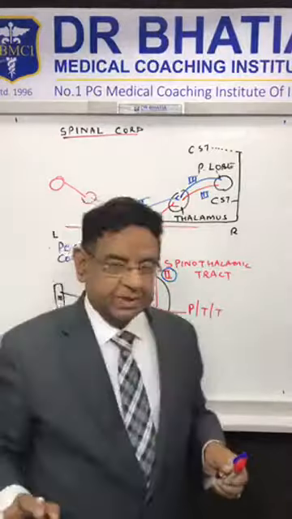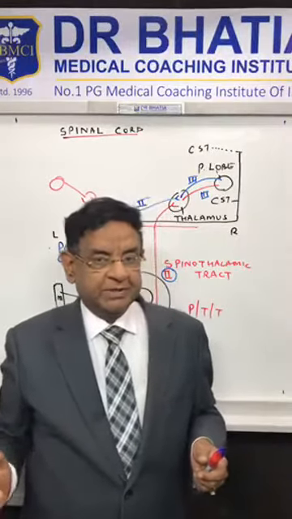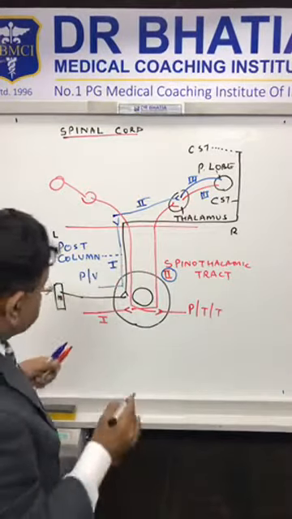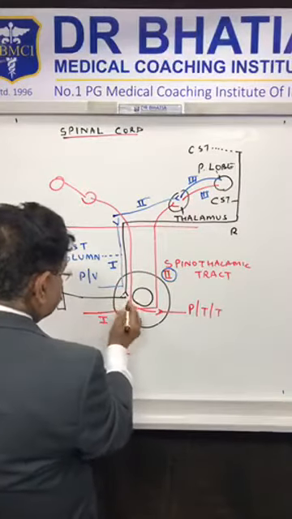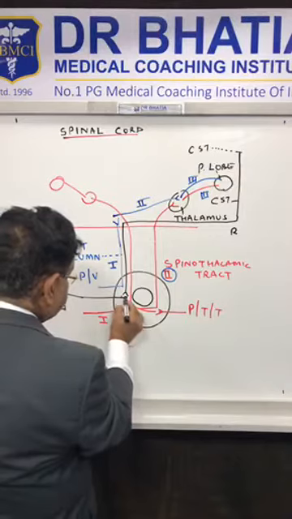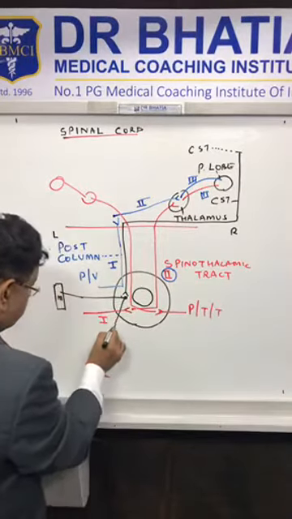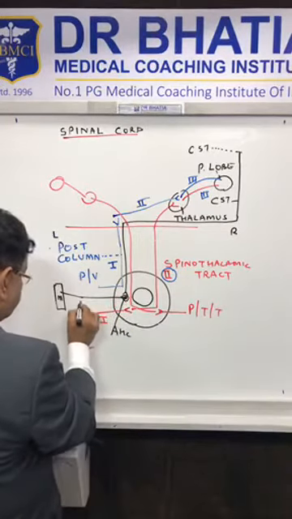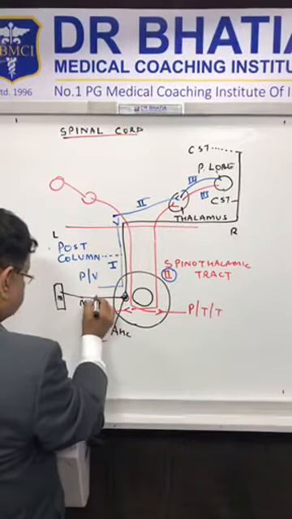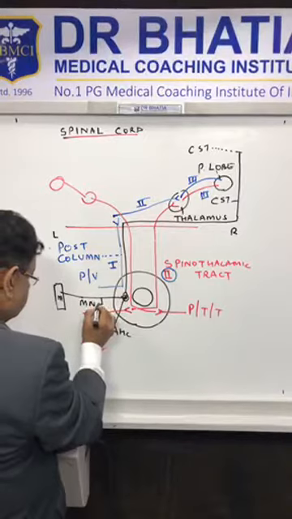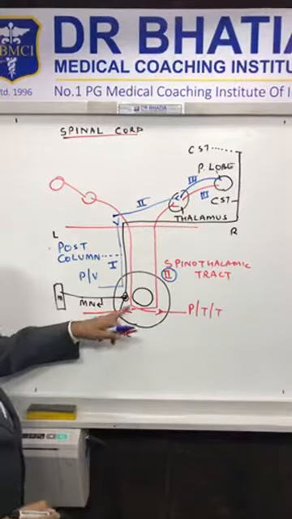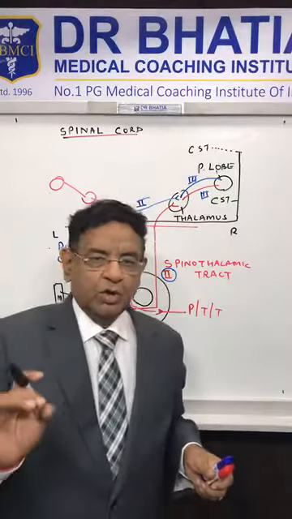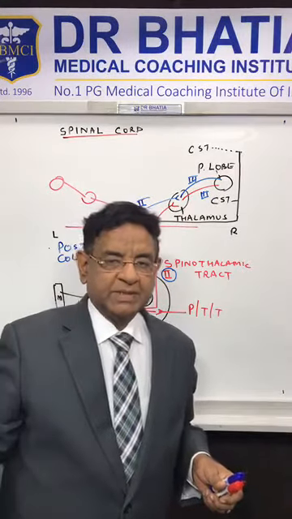Now, point to be noted. This is the anterior horn cell, and this is the motor nerve. Any lesion in the anterior horn cell or motor nerve is lower motor neuron palsy.